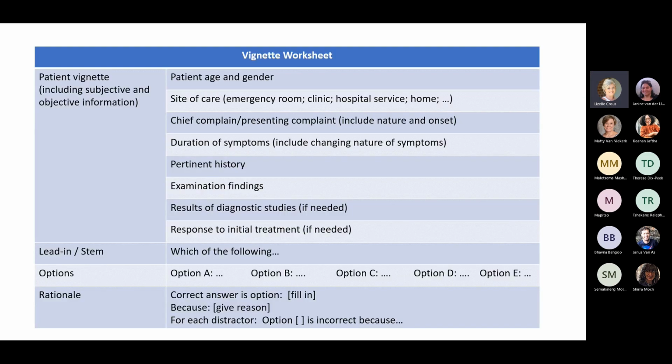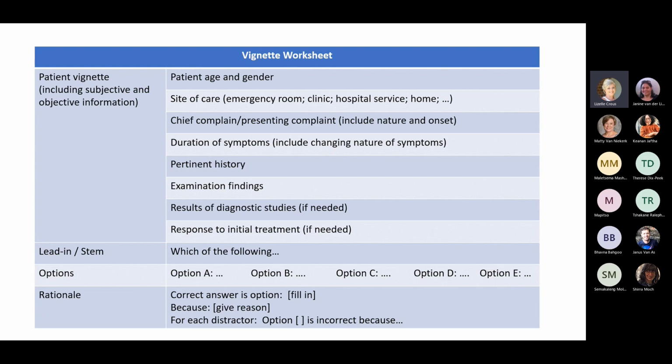Okay, so the vignette, one of the resources that I will be sharing has created a vignette worksheet. It's basically giving us more information around what to include. So if you have this worksheet and you want to create your question, then this table is maybe a good starting point.